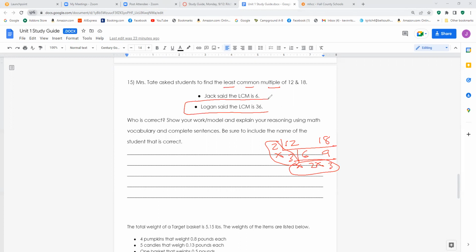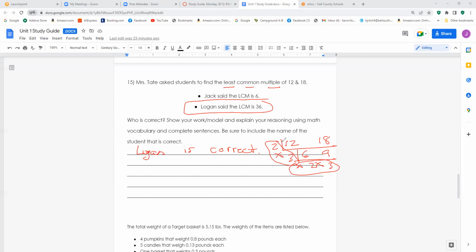So Logan is correct. So it says be sure who is correct. So we would say Logan is correct. And then, guys, when you're answering questions on the test, you want to over-explain rather than under-explain. So I'm not going to write all of this down, but if I was answering on a test, I would say Logan is correct, and I would say because, and I would show my work.